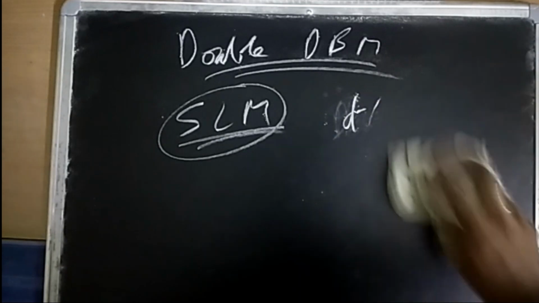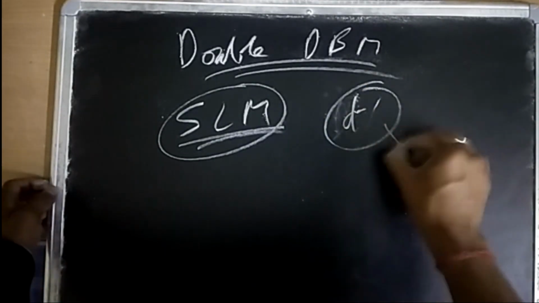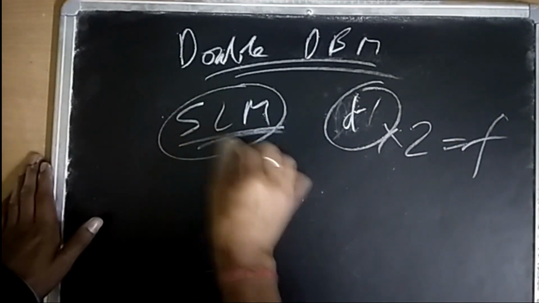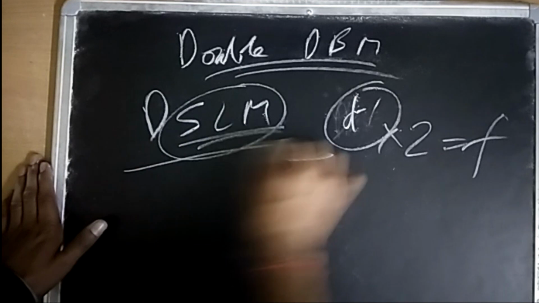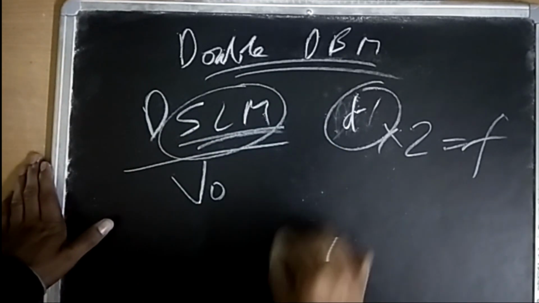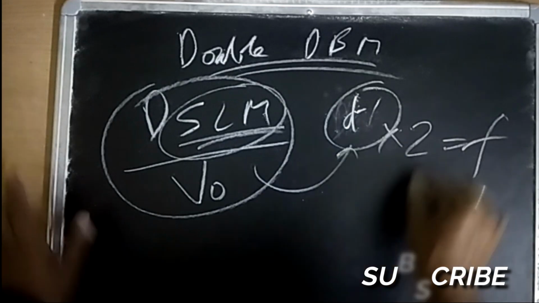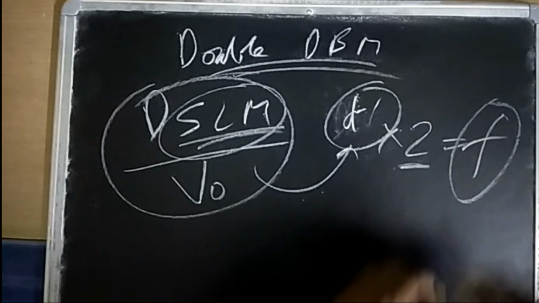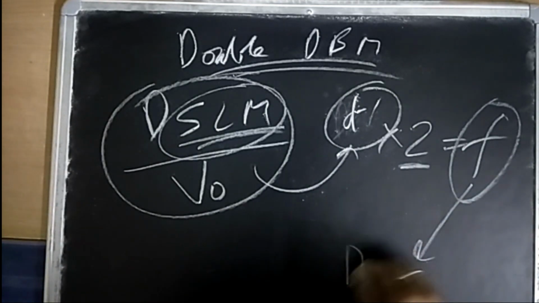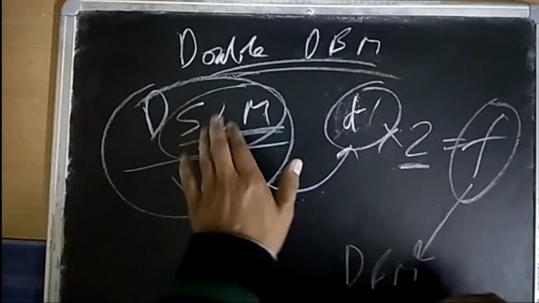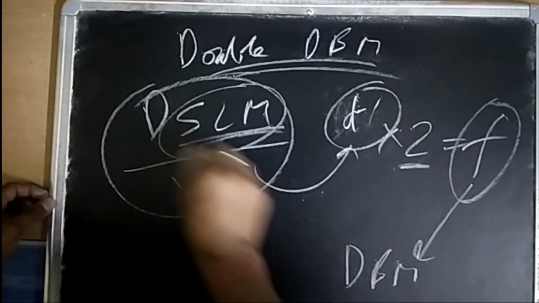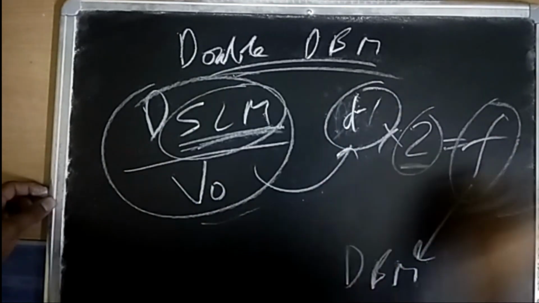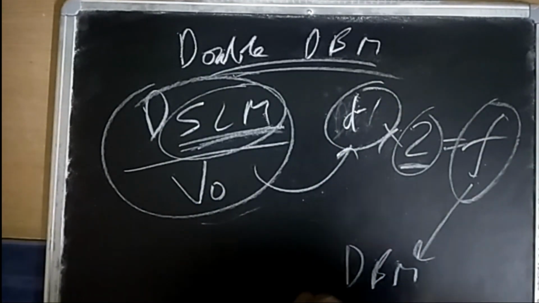When you get the D percentage, multiply it by 2 because it is double, and this is your F. After you get F, just apply DBM, the declining balance method, as it is.